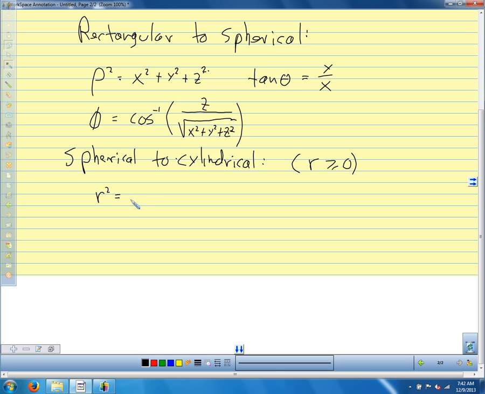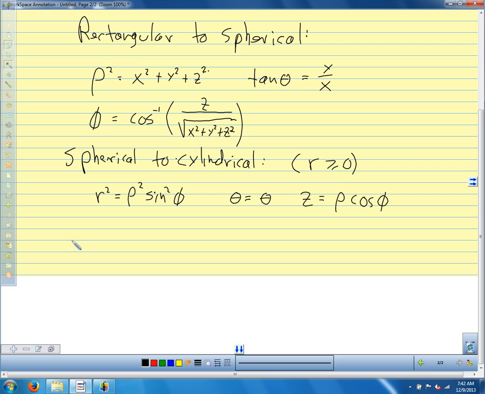R squared equals rho squared sine squared phi. Theta equals theta, and z equals rho cosine phi. Not a difficult conversion there.